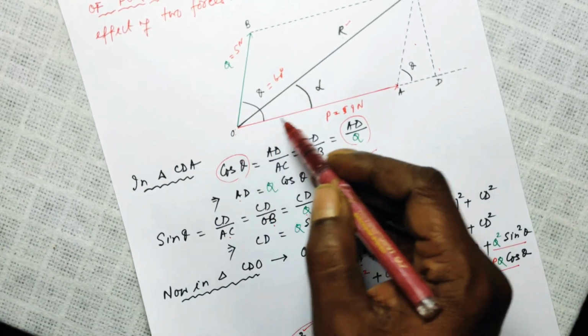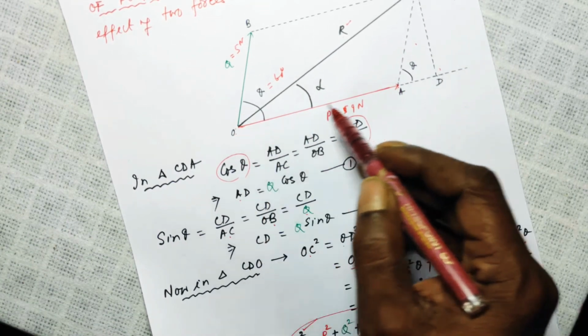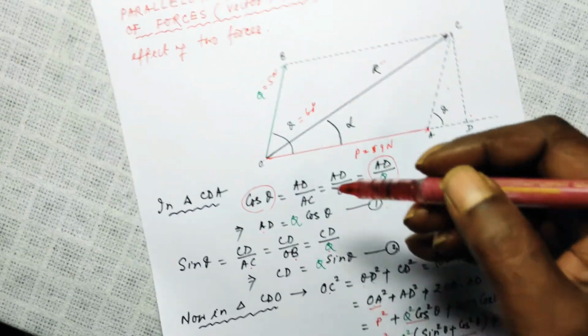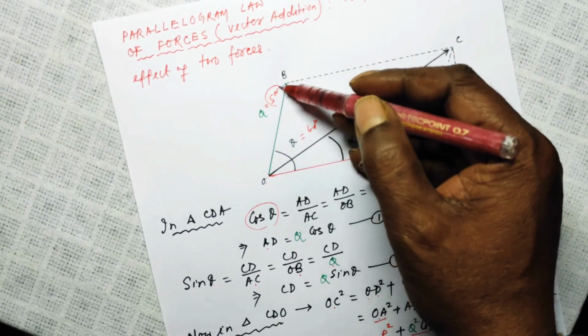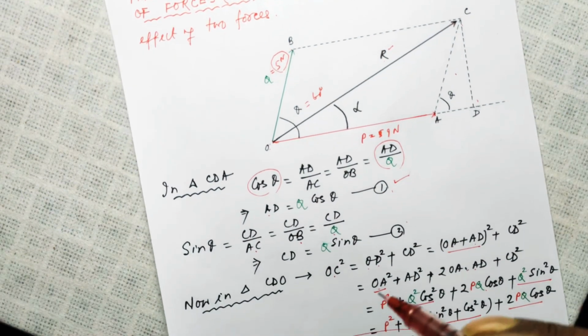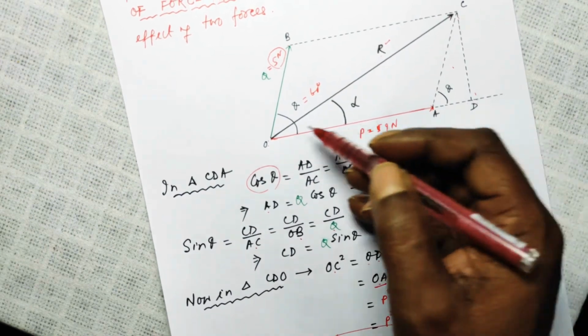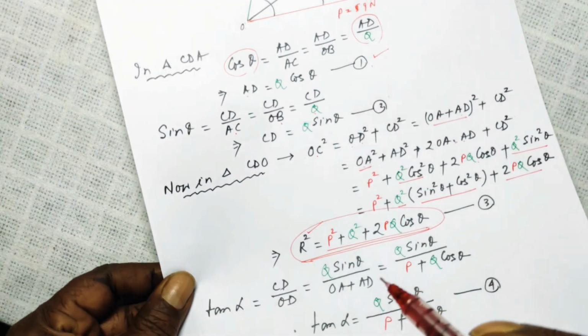Why did I take 9 Newton? Because I have drawn this length as 9 centimeter, this length as 5 centimeter. So then you can find out the value of R.